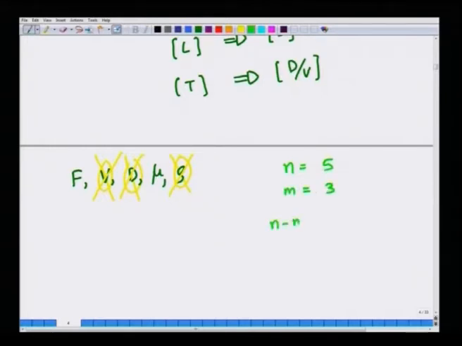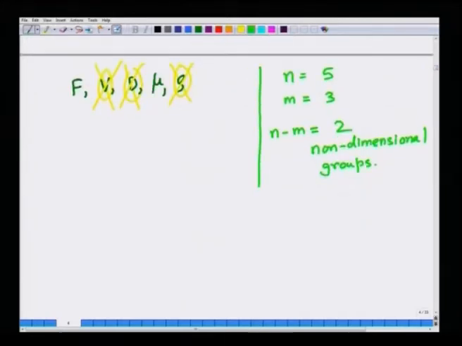So, the pi theorem says that there must be 2 non-dimensional groups, n minus m is 2. Okay. So, the 2 non-dimensional groups must be obtained by non-dimensionalizing f and mu.